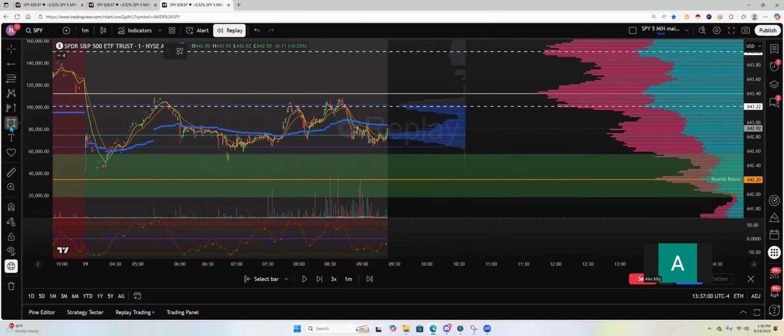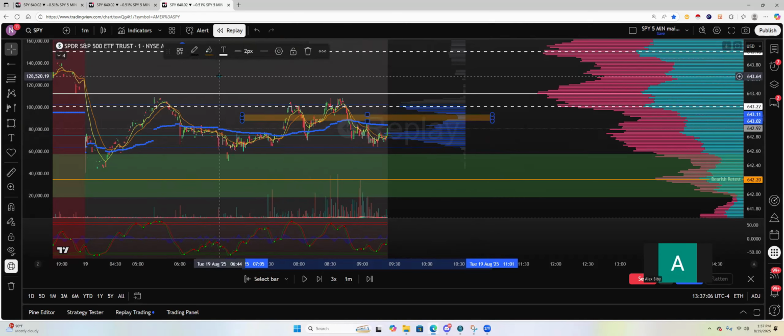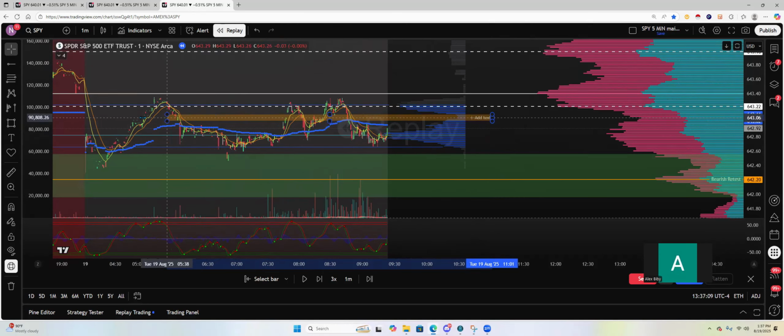So I actually only mark off the low volume nodes. I do this in orange. So I'll take a low volume node like that, I'll write it in orange, and that's going to be your potential bounces. If it hits off here and goes down, I know it's resisting price from going into the next zone and is probably going to drift back into the lower peak in volume profile.